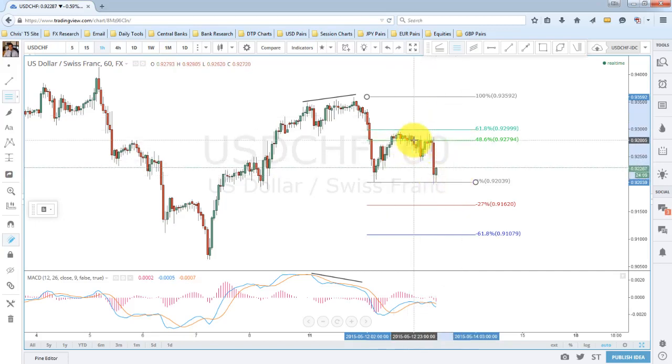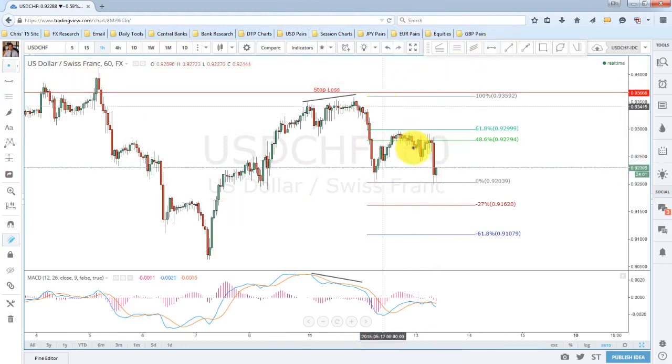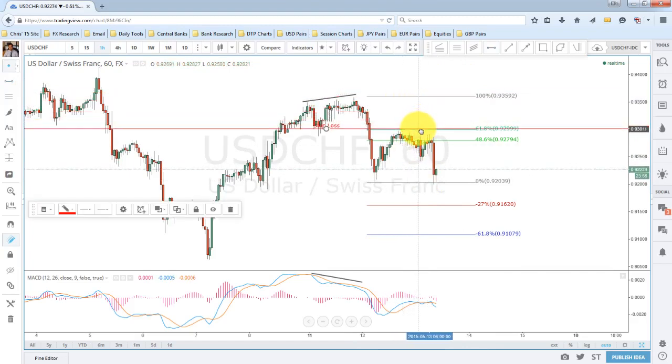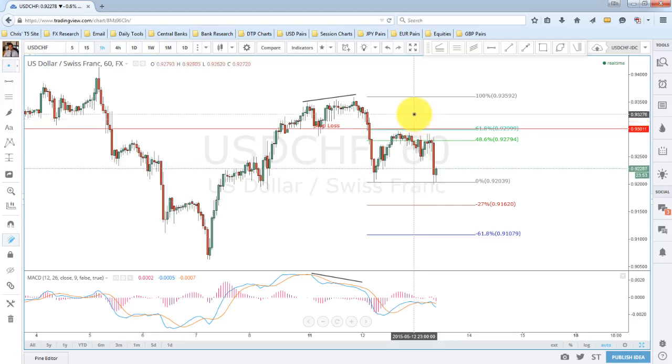At this point, being in this trade, the stop loss, first of all, would have been here. Now, on the test of this low, we would have brought the stop down just above this swing point. So we'd have very little risk left in the trade. And the target obviously is still the 127% Fibonacci retracement in this case.